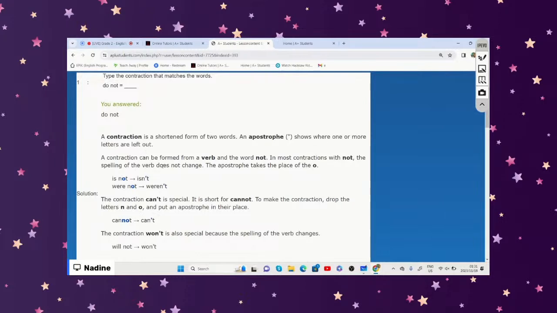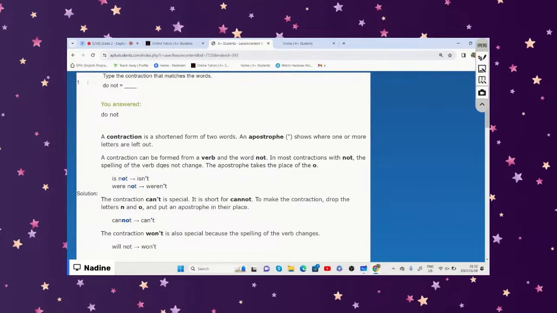Once again, if we leave out two letters or three letters, it does not mean that we need to add two or three apostrophes. We only add one apostrophe to show where one or more letters are left out. A contraction can also be formed from a verb and the word not.